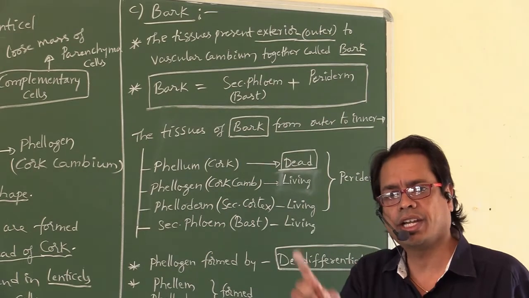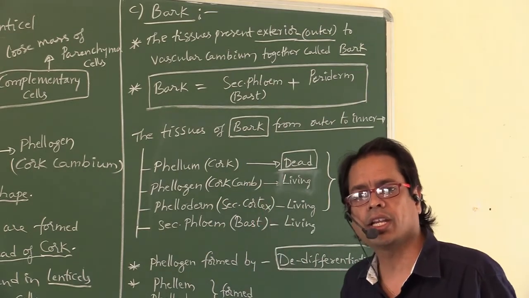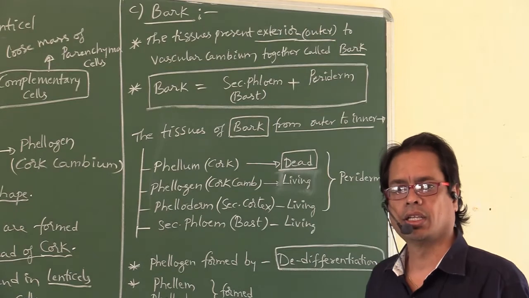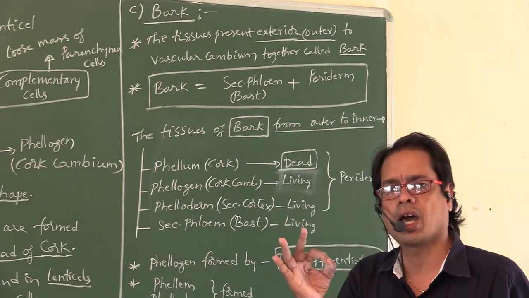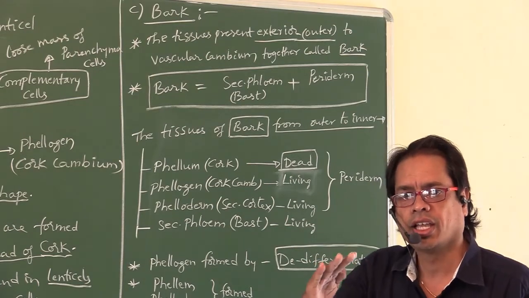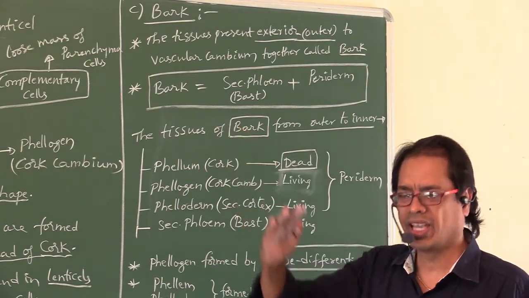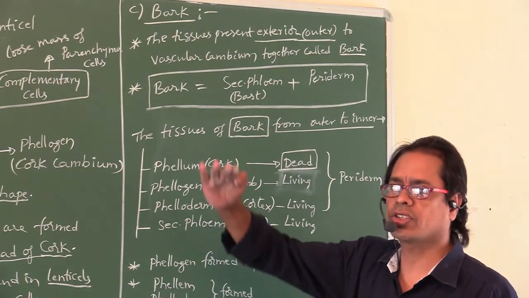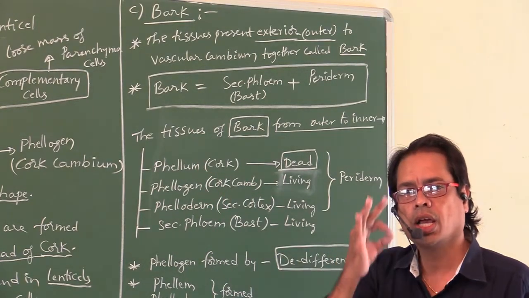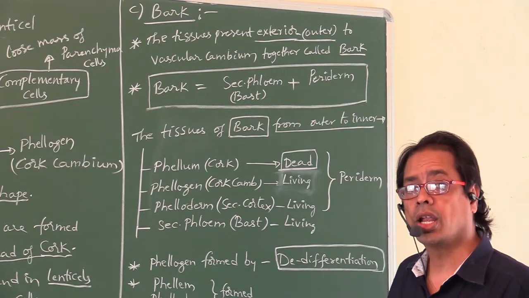Don't say bast, it is bark. It is a non-technical term called bark. So what is a bark? The tissues present external to vascular cambium together are called bark.